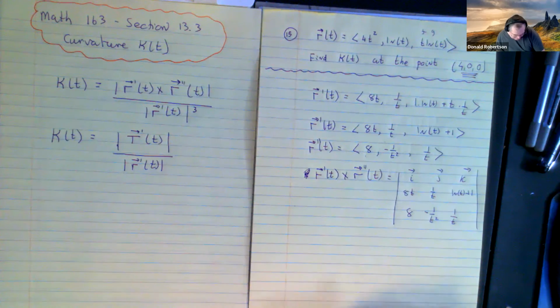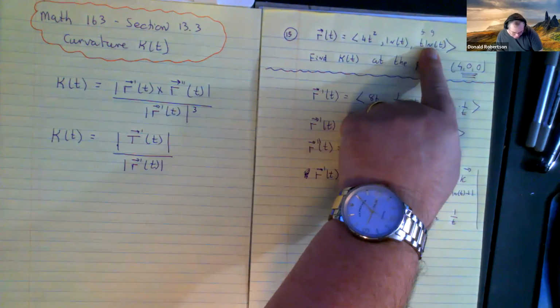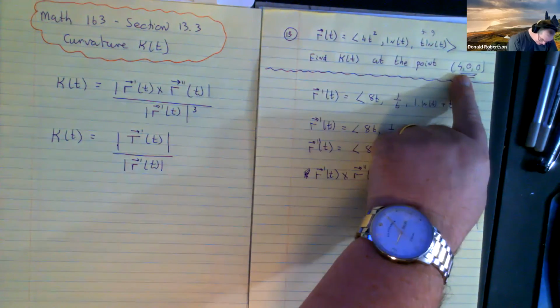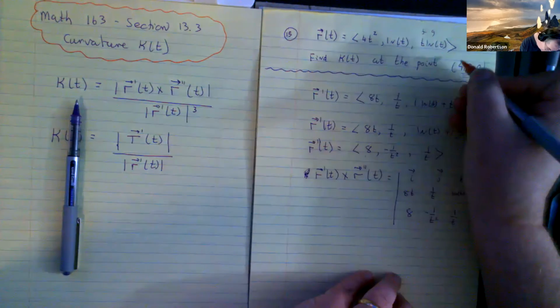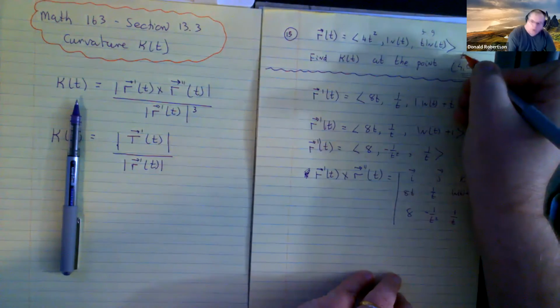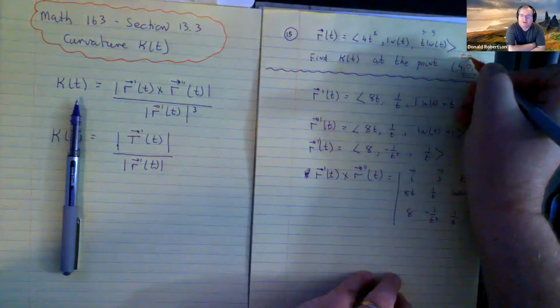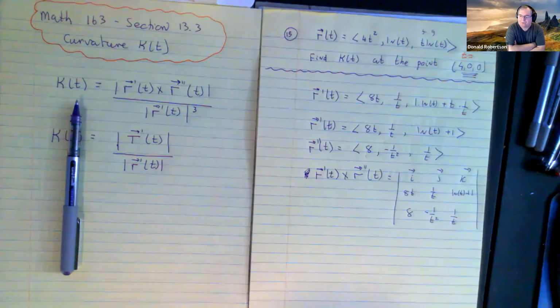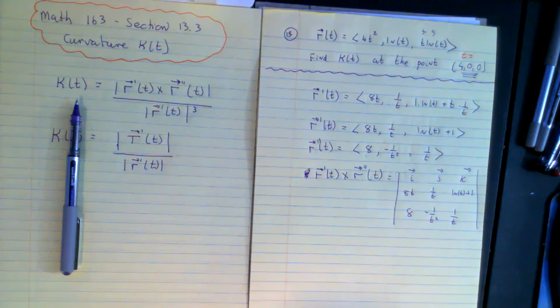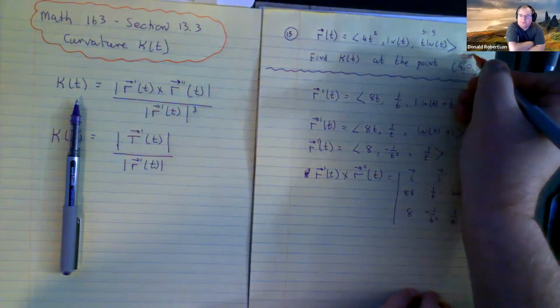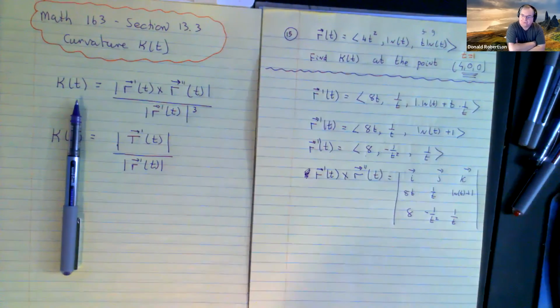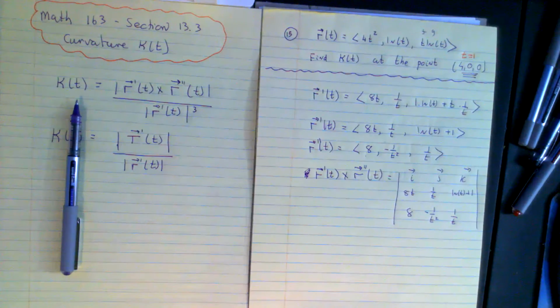So this space curve at 4, 0, 0, what t value gets you that guy? 1. Agreed. You want to tell people where you got that from? That's the right answer. The only thing to get 4 for 4t squared is 1.